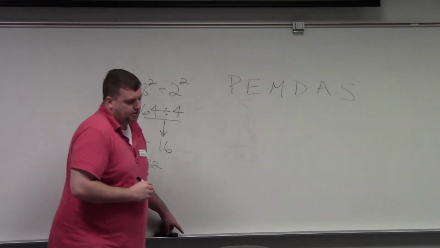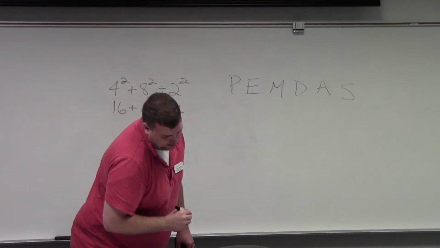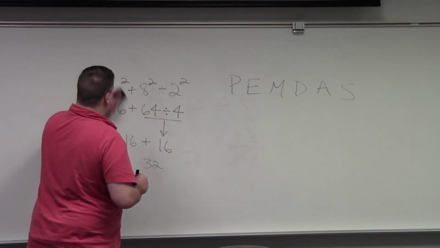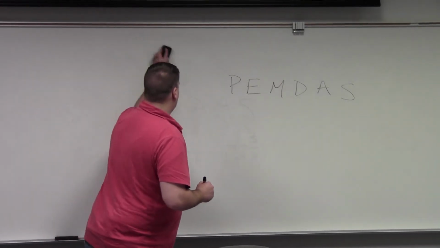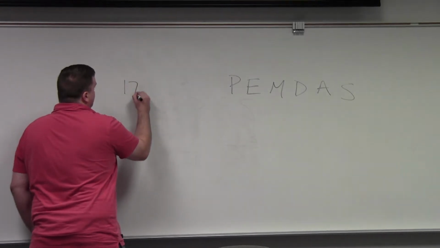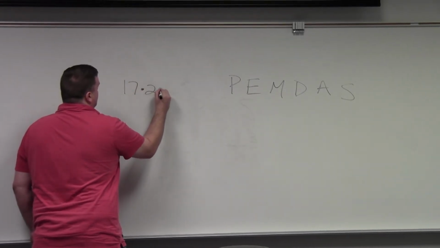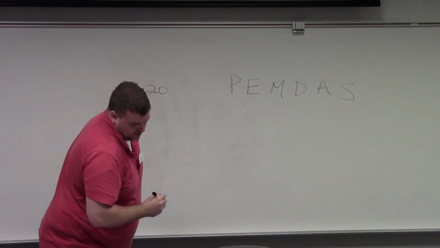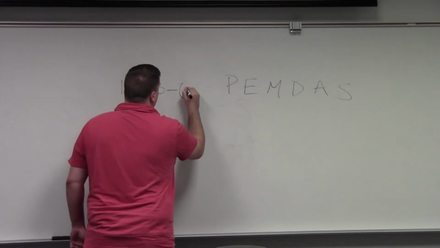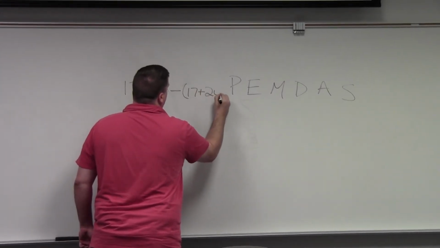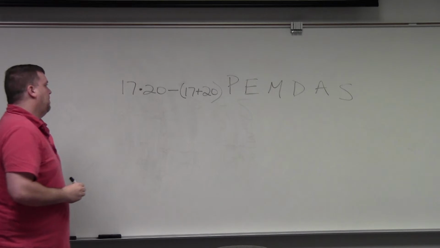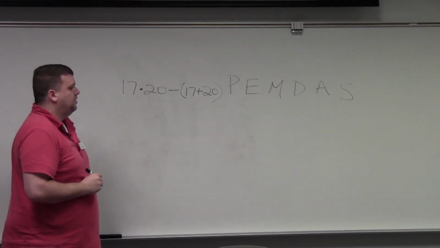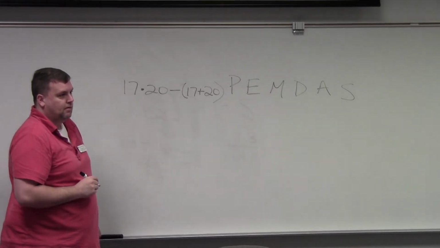Working our way to some harder ones. All right, then the last one on this page. 17 times 20 minus 17 plus 20. What do I have to do first here in this one? Parentheses.